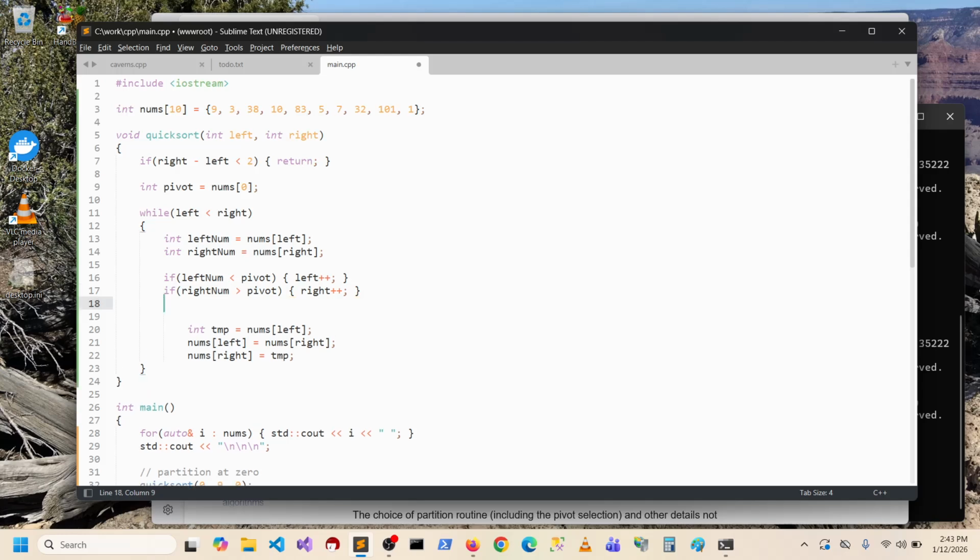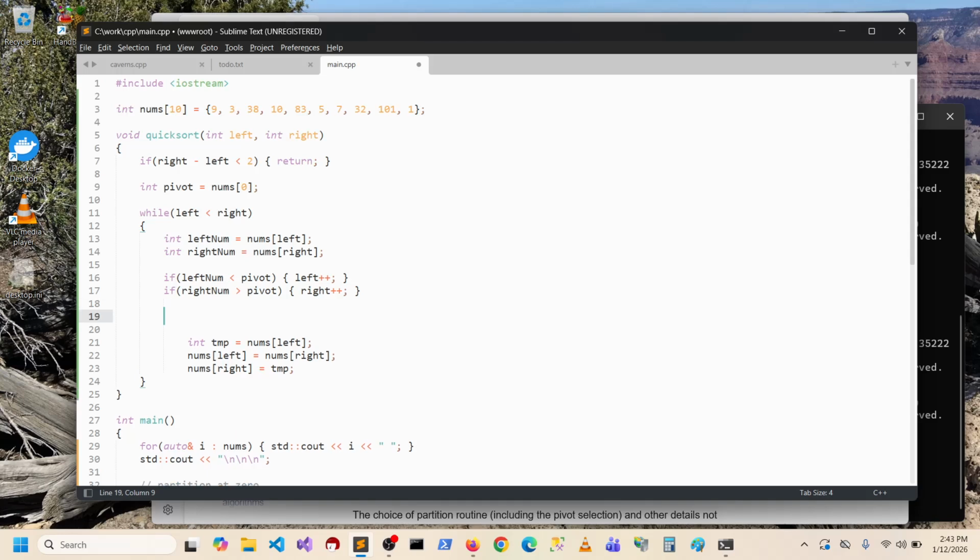Okay, so those are moving. Oh, so if it's equal or needs a swap, we go down here.